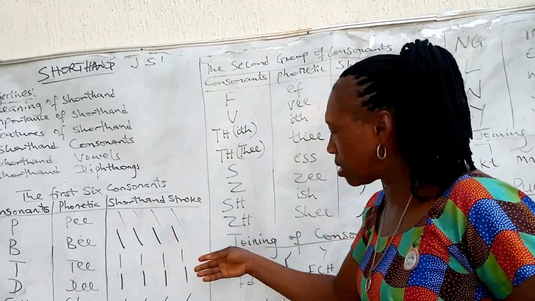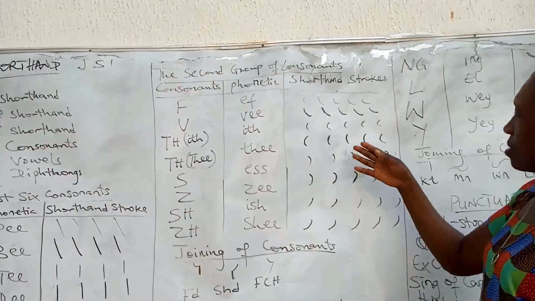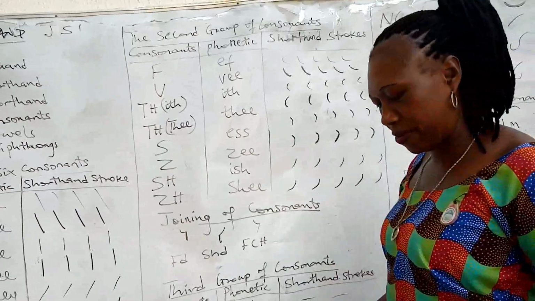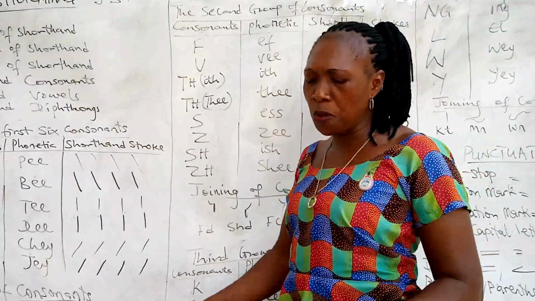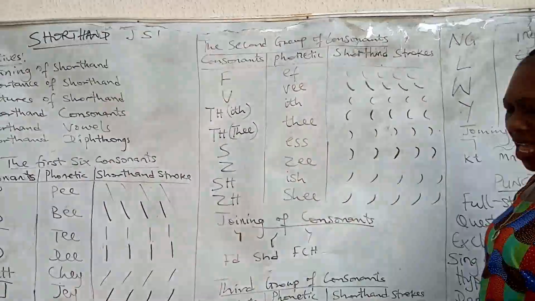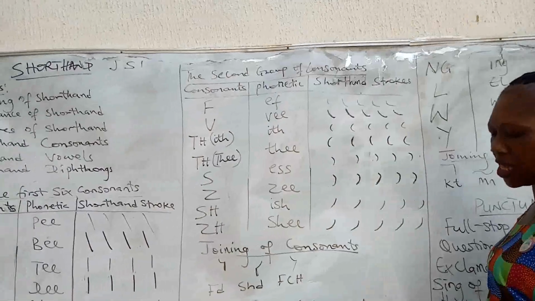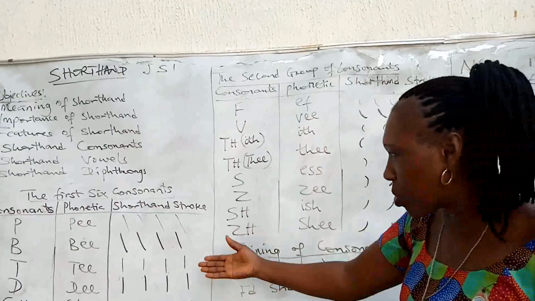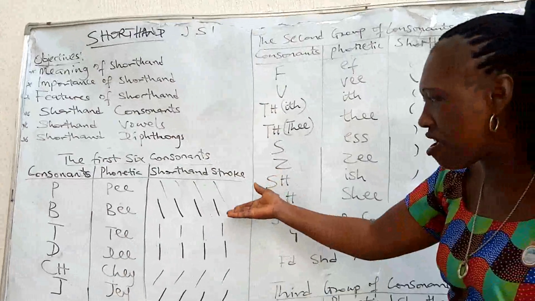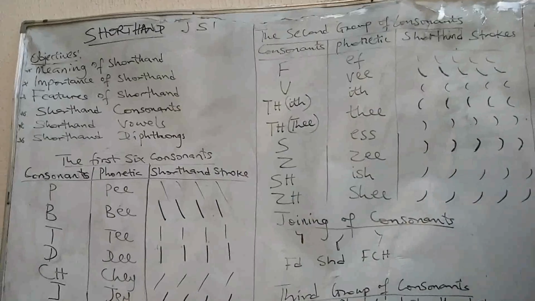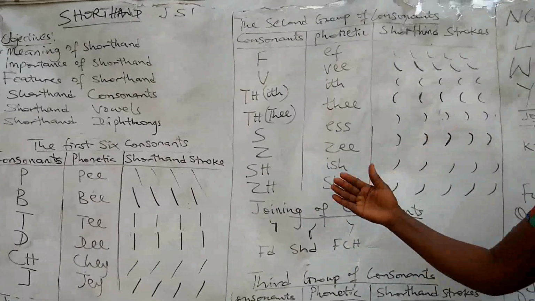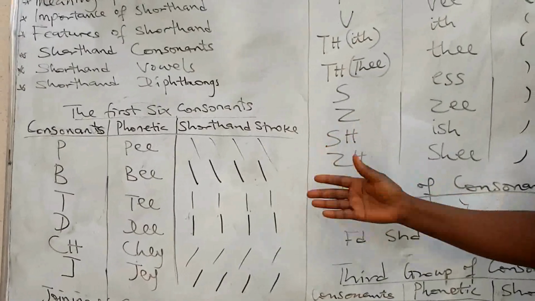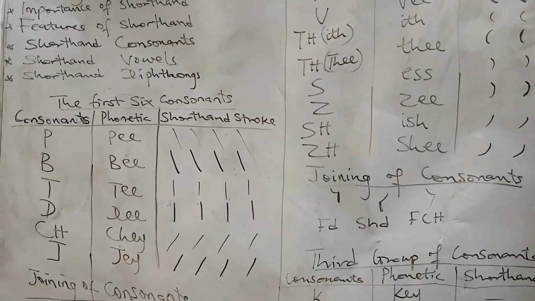Strokes are often in pairs, and the similarities are distinguished by heaviness or lightness of the stroke. As you can see here, you have some heavy, some light. So at times, the consonants may be paired, as we have in the first six group of consonants.